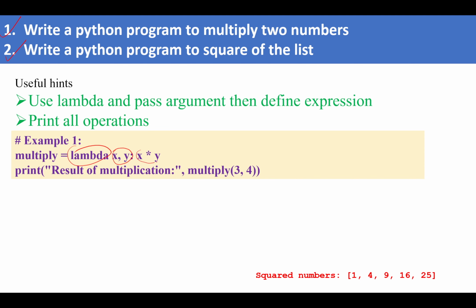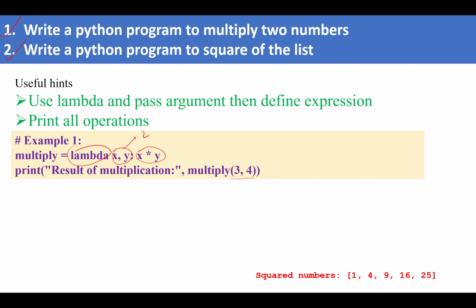So this is a multiplication expression. The star represents the multiplication operation. After that we pass the values of the variables, because we are using two variables, x and y, and we pass the values for these two variables. The values 3 and 4 are passed as arguments to the lambda.